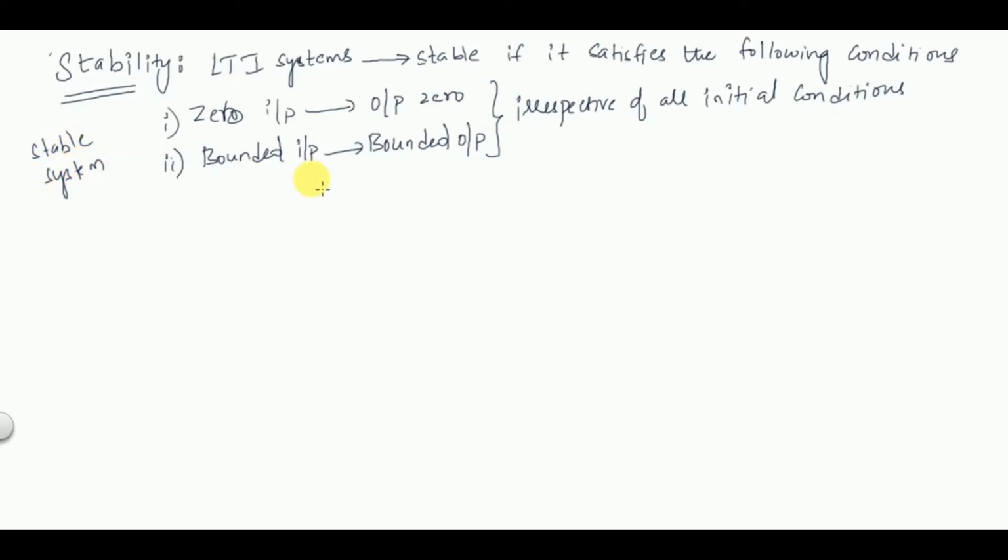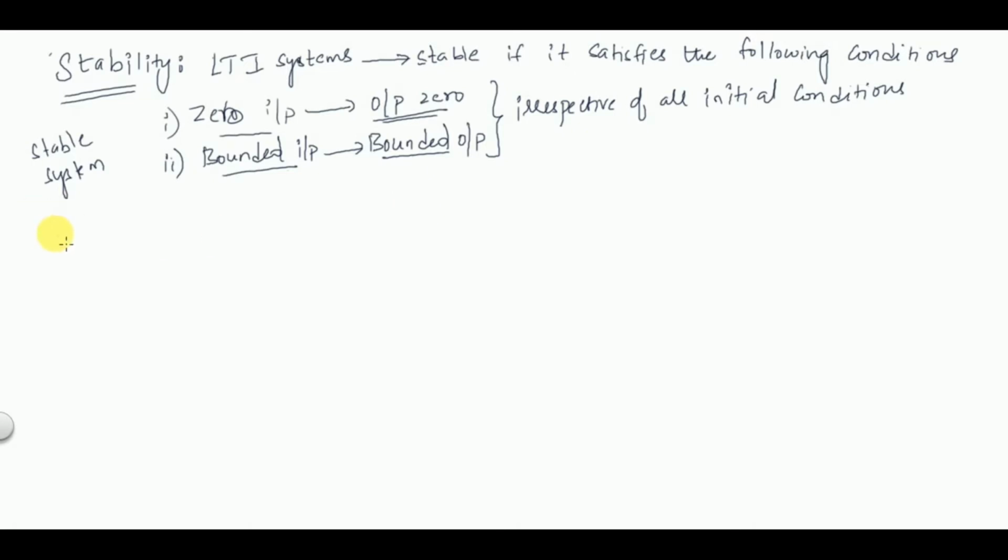So an LTI system is stable if 0 input results in 0 output and bounded input results in bounded output. What the bounded inputs and bounded outputs are, we'll discuss later in the concept of time response. This is the definition of stability.